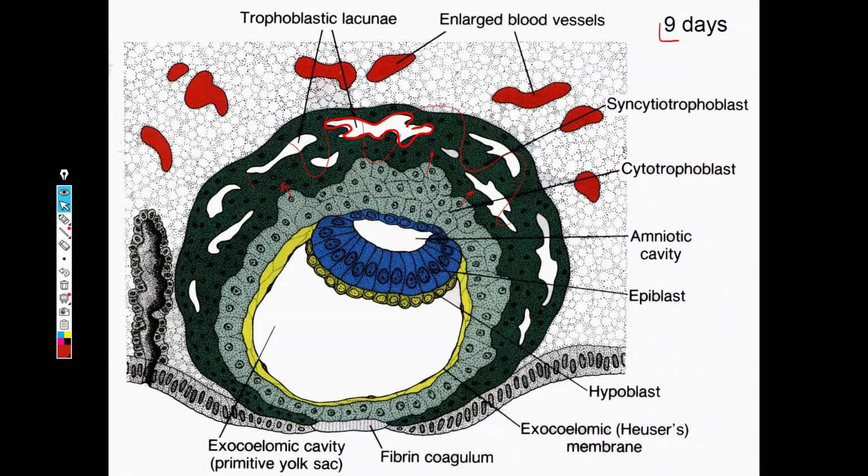The nutrition is histotrophic. I'm going to write it like this, but you get the point. It's histotrophic because embryo is nourished only by the glands and the decidual cells that are around in the uterus, not by blood. Yeah, so the nourishment is only by the decidual cells and the glands in the uterus.